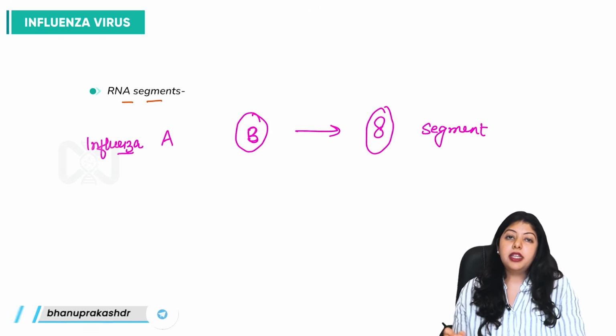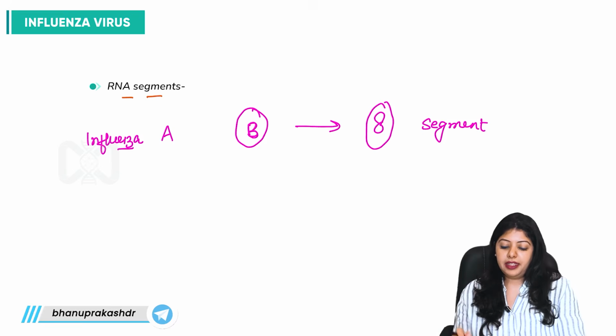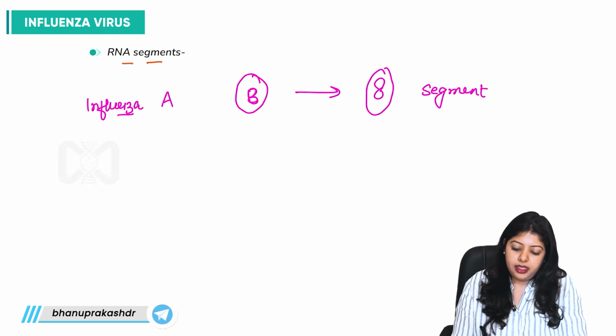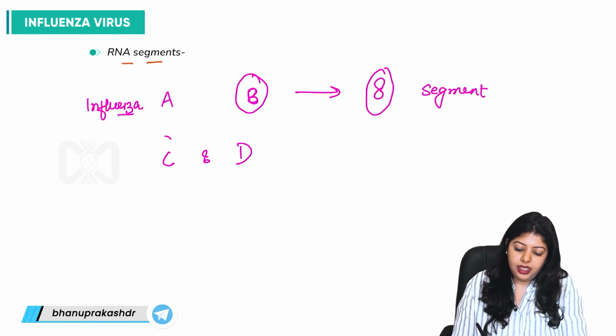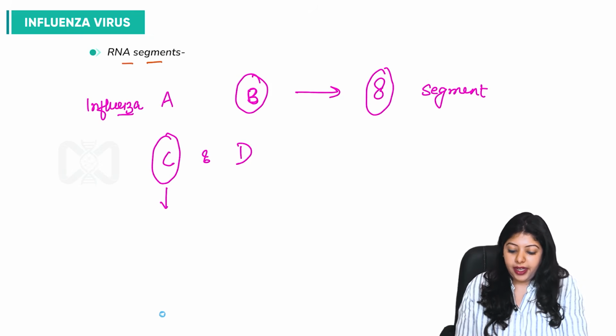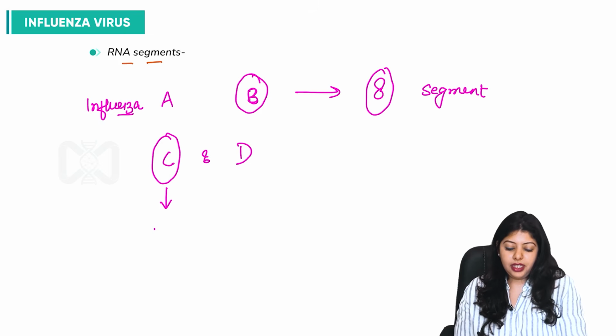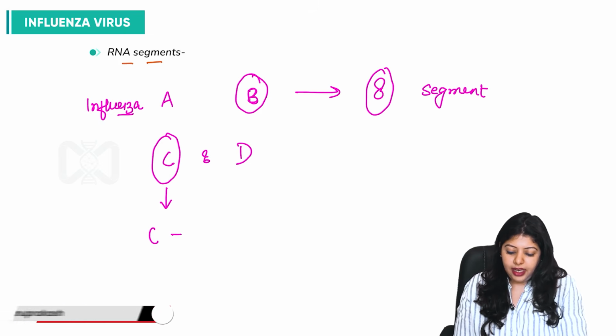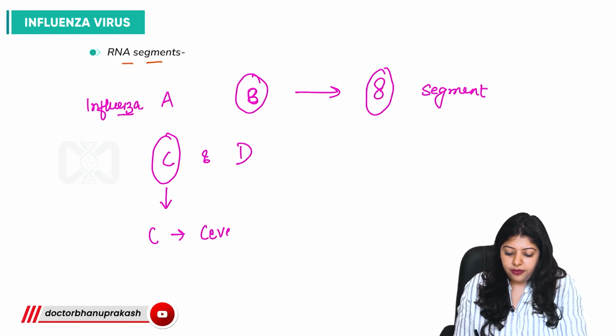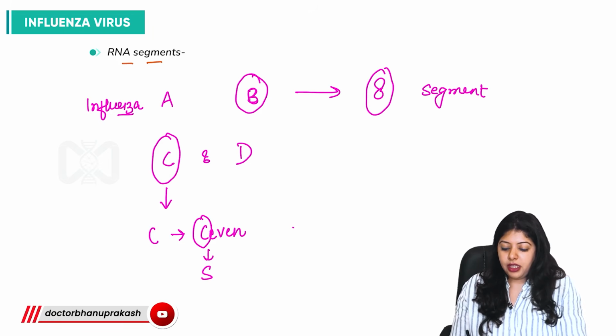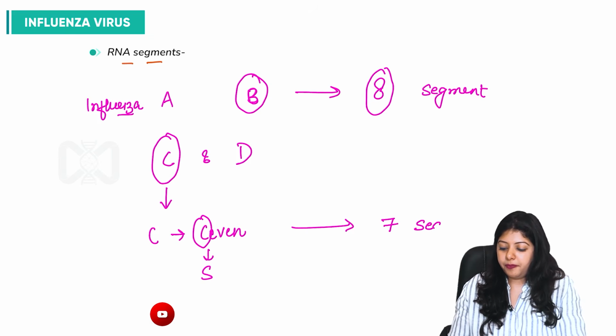So A and B influenza genera have 8 segments, whereas C and D have 7 segments. C can be written as 7, and D similarly, right? So C and D have 7 segments.